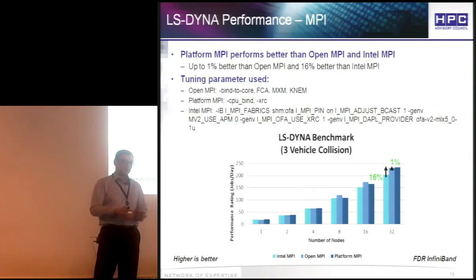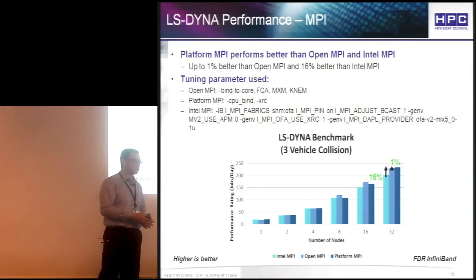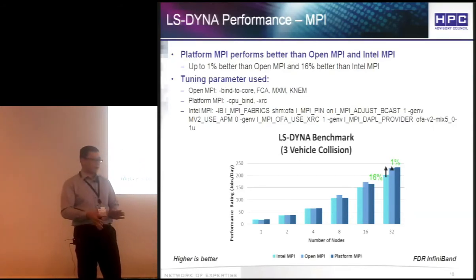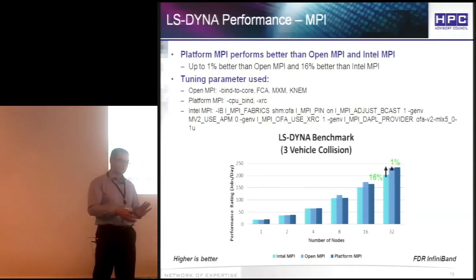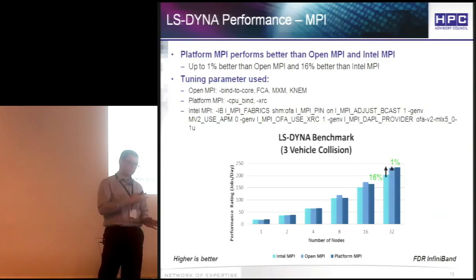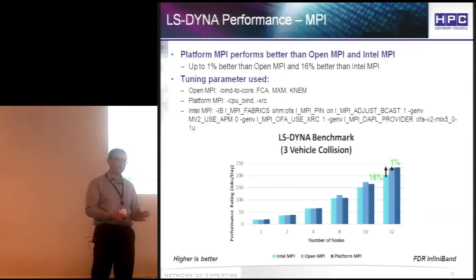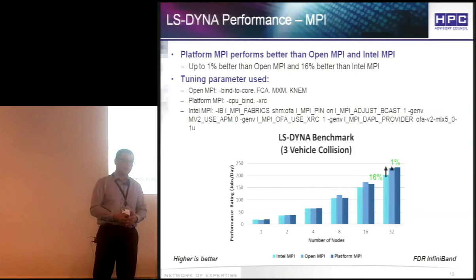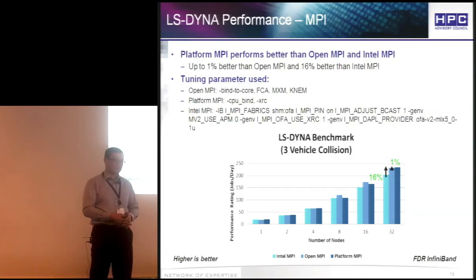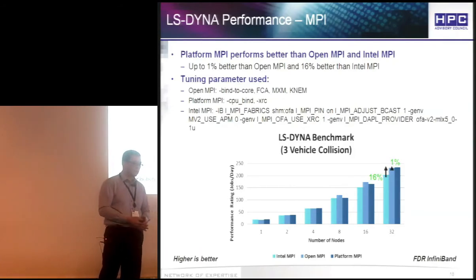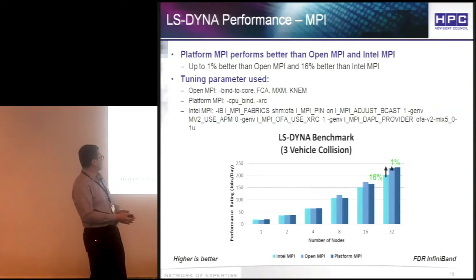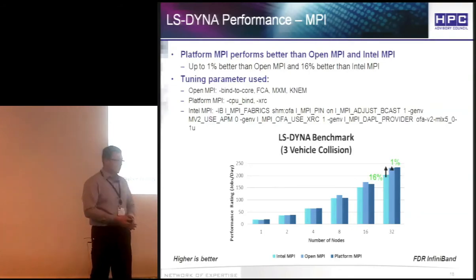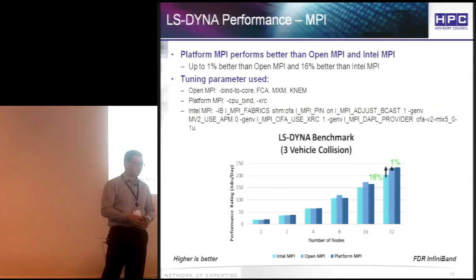But how does it compare to other MPI implementations? Here we're comparing OpenMPI with a couple of commercial MPIs, which are Platform MPI and Intel MPI. I also listed some of the performance tuning that I did for those two.